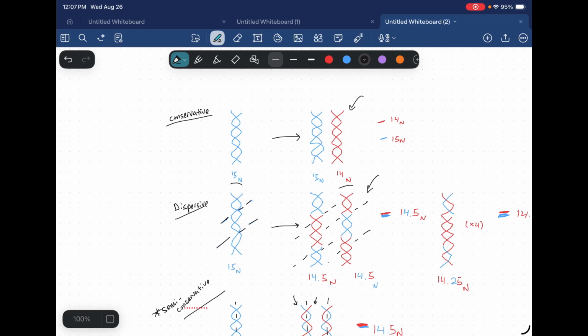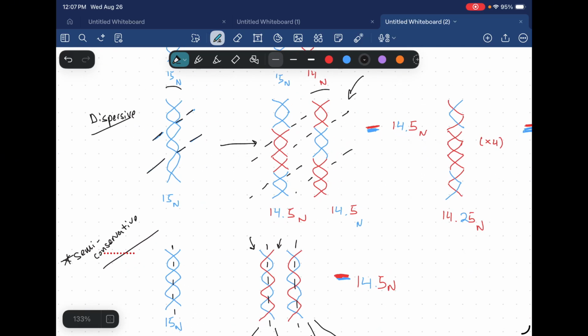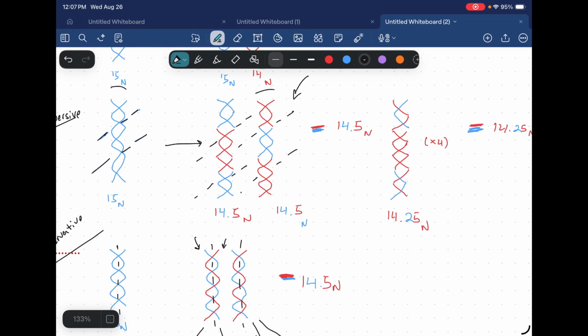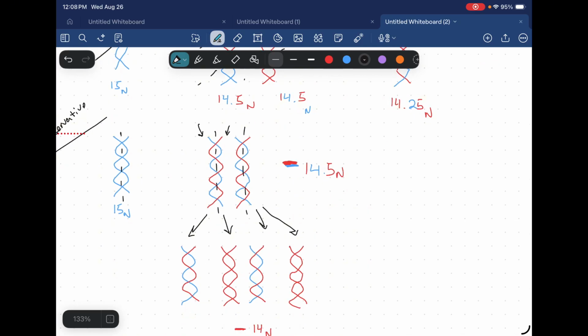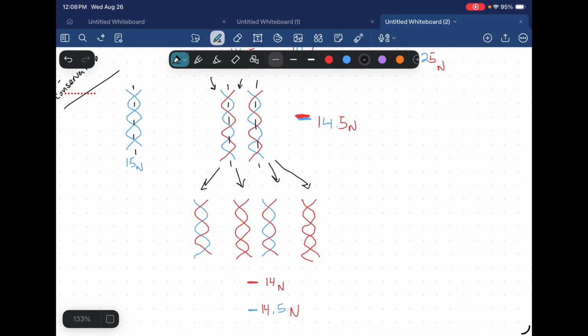After one round of replication in the 14N media, the DNA was separated according to density using centrifugation, and they observed only one intermediate density band. And this result makes sense under the semi-conservative model, which would propose that the original nitrogen 15 containing strands separate and each one serves as a template for the new nitrogen 14 containing strand.